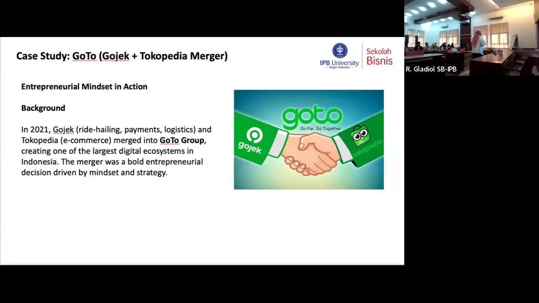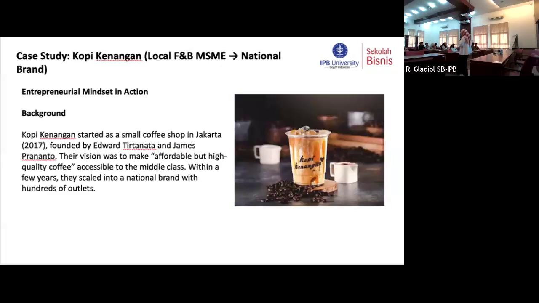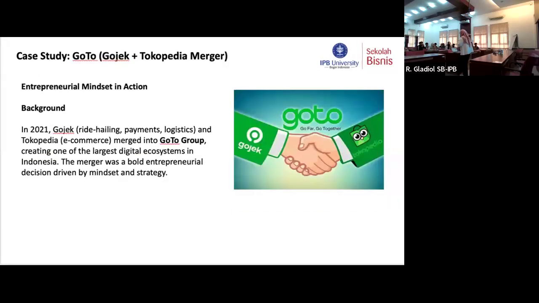Case study. I will give the PowerPoint to Satria. There are 2 case studies: Kopi Kenangan, and also the Gojek Tokopedia merger. GoTo Group covers ride hailing, payment, logistics, and so on.